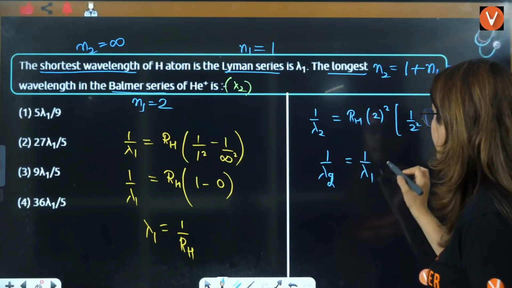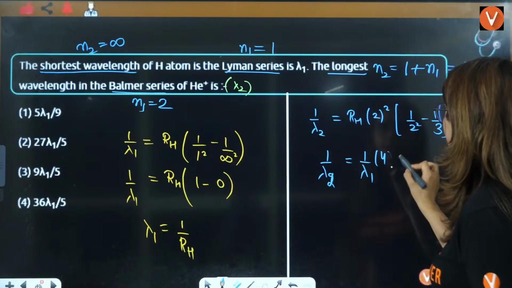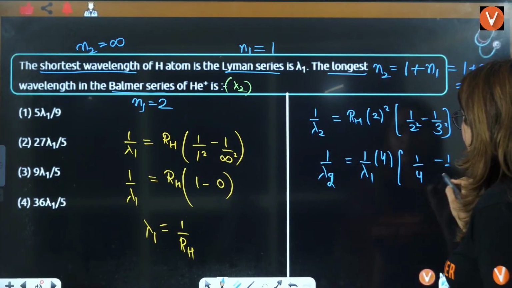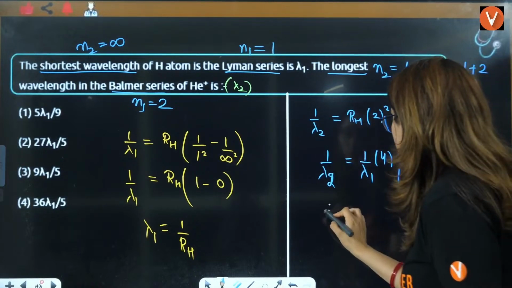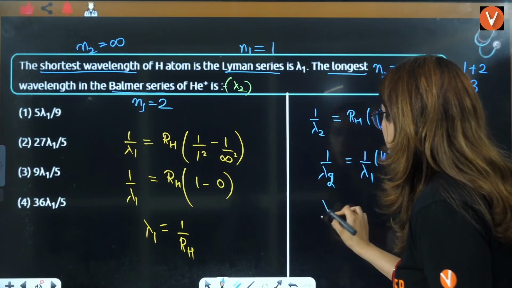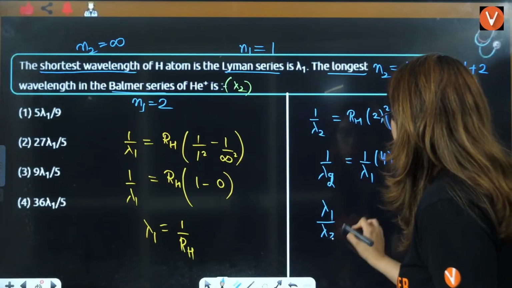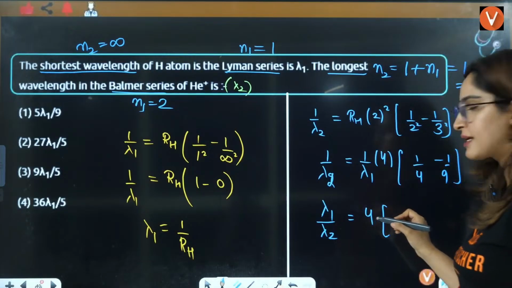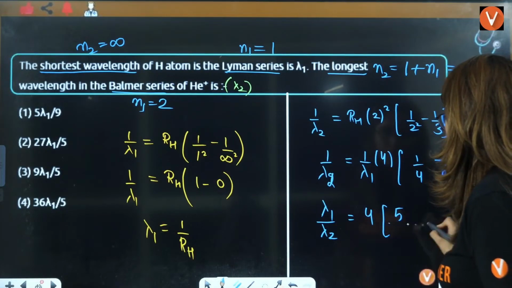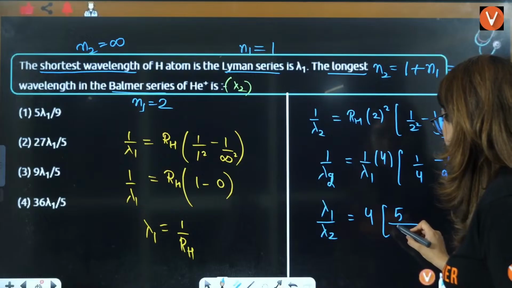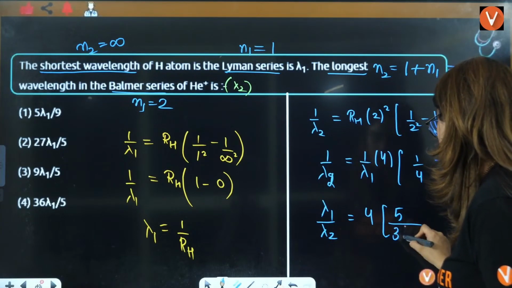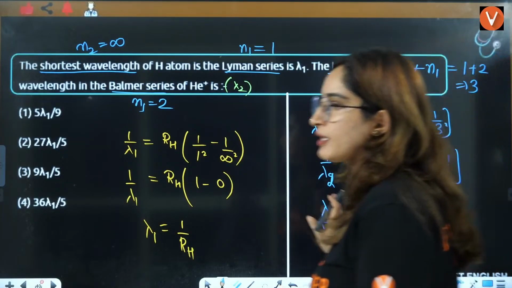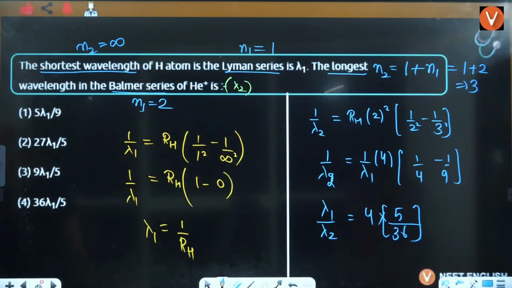So can I write it here? 2 square means 4, and this will be 1 by 4 minus 1 by 9. So lambda 1 by lambda 2 is equal to 4 times 9 minus 4 by 36, which is 5 by 9. This is how I think you are going to solve it, and you will have the relation of lambda 1 and lambda 2 here.